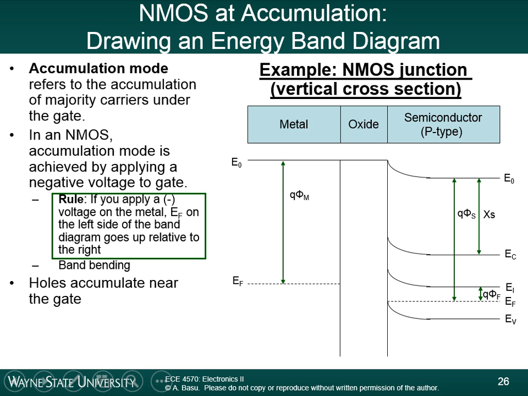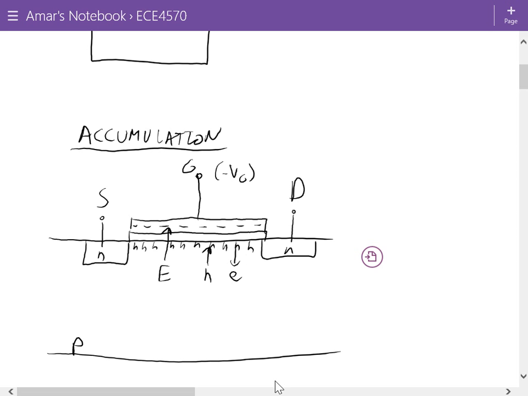Whenever we have a slope in the energy band diagram, what does that tell us? We're getting close. There's a potential difference, yes. A slope in the band diagram means that there's an electric field. Right? So you remember how in this diagram we were just showing that there's an electric field pointing up?